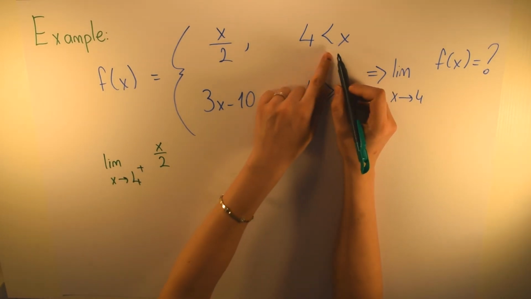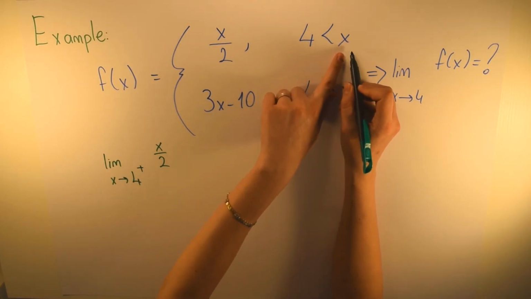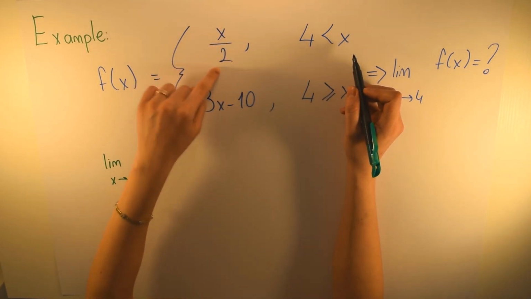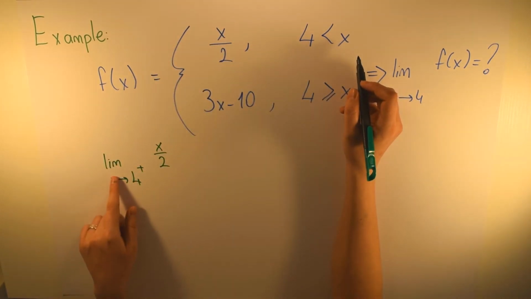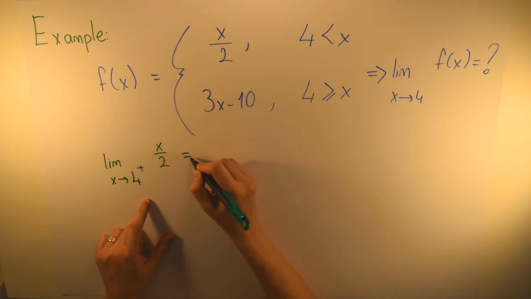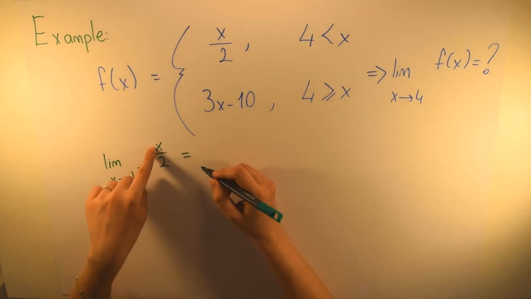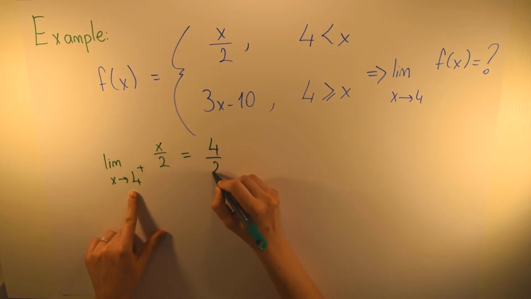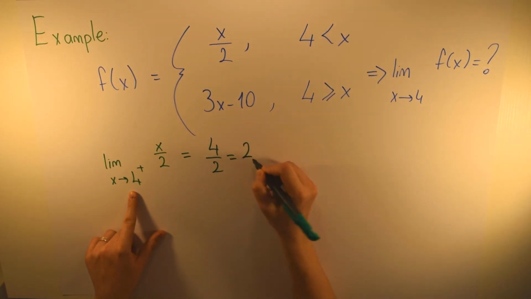So here, 4 is less than x, which means x is greater than 4, right? That's why we take this function. So it is limit as x approaches 4 from the right side of x over 2 is equal to, all you need to do is here, instead of x, you will put 4, so it is 4 over 2, and this is equal to 2.